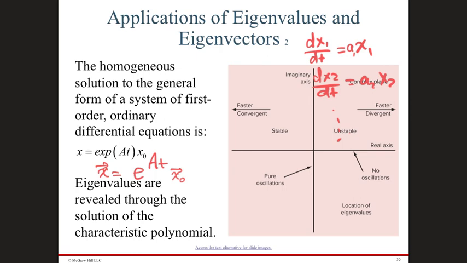If the eigenvalues of A are positive real, the system is unstable because it exponentially grows and never stabilizes. If they are negative, it's a damping system. If they include an imaginary component, it's an oscillating system.